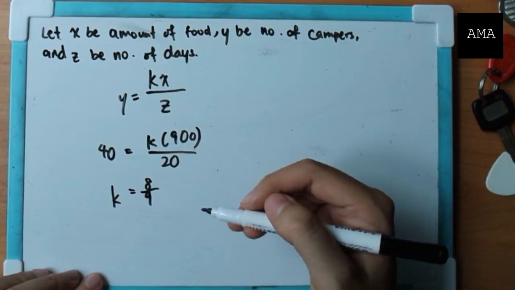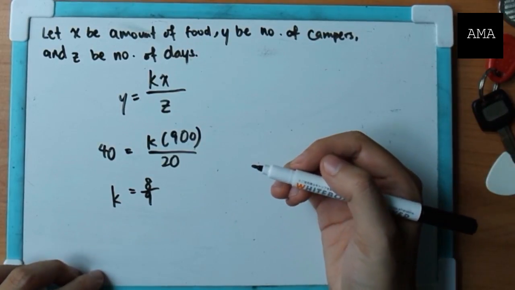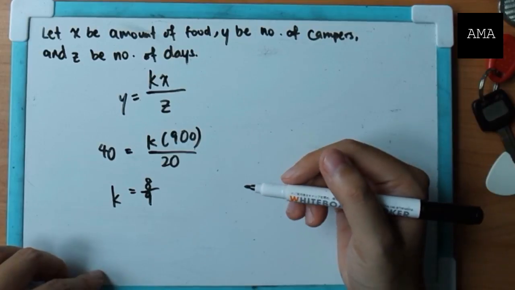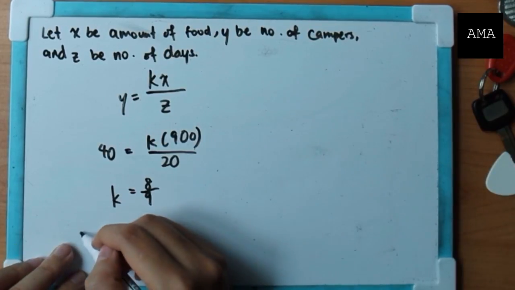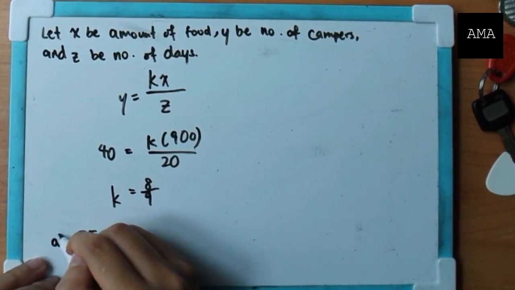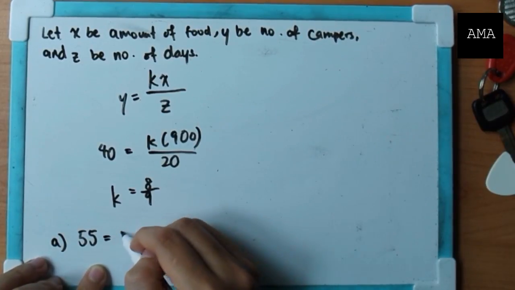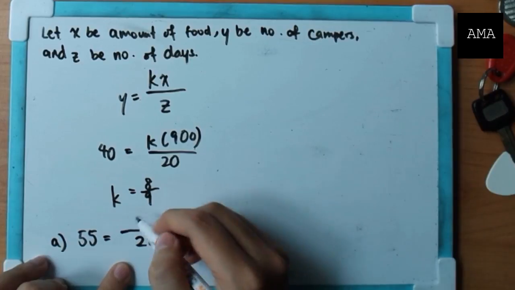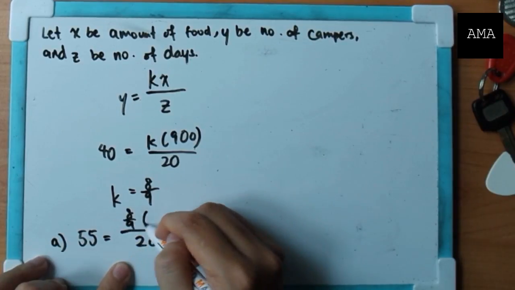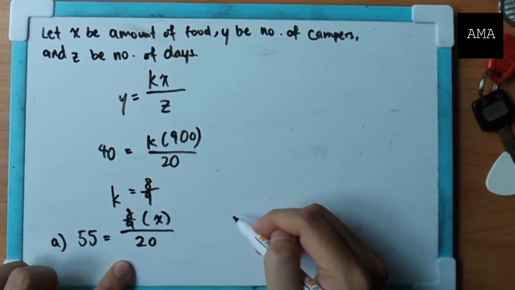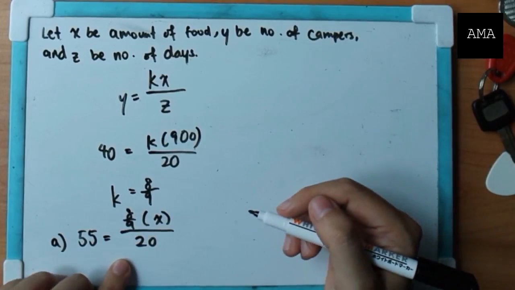So now to answer the question, you have 15 more campers. So now that means you have 55 campers, right? And then you have the same number of days, so it's also 20 days. k is 8/9, and x is unknown. You have to figure out what that is.